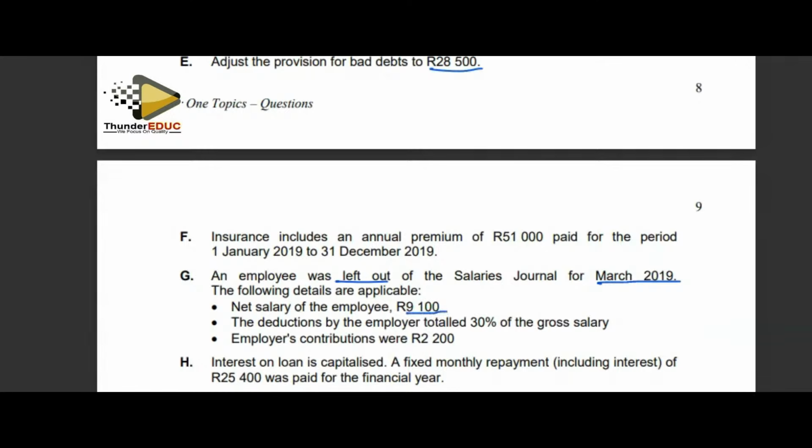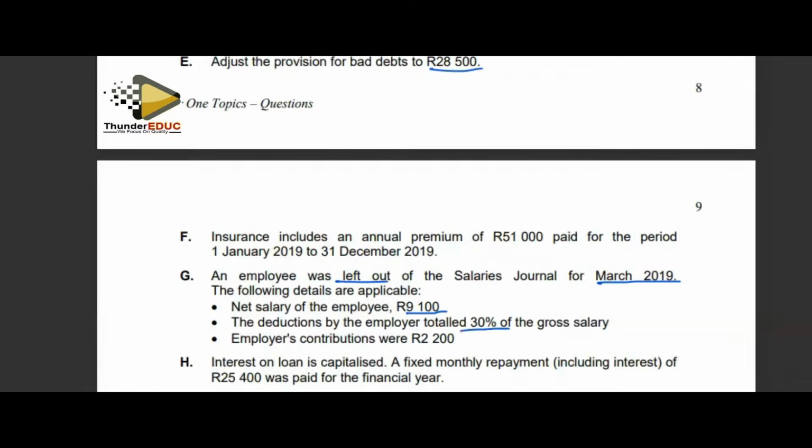And they are saying the deduction by the employer totaled 30% of the gross salary. Employers' contributions were 2,200. So we need to know which amount was paid regarding this employee.